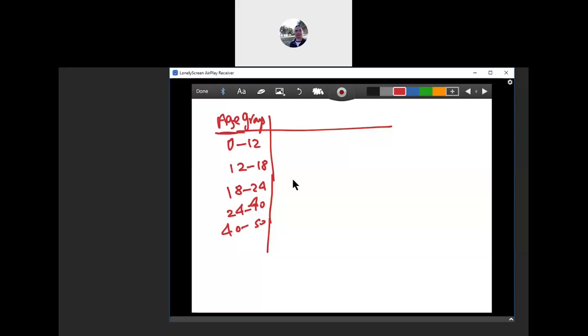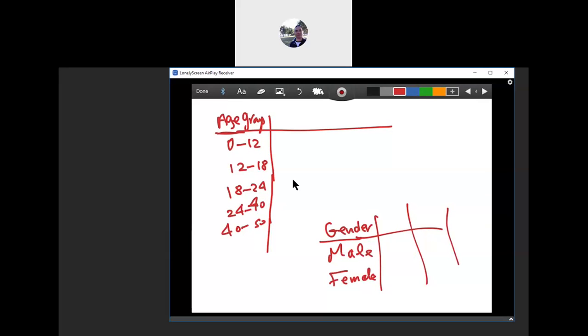Say you have gender. This gender has two categories, male and female. So we are going to check positive cases and negative cases or died.